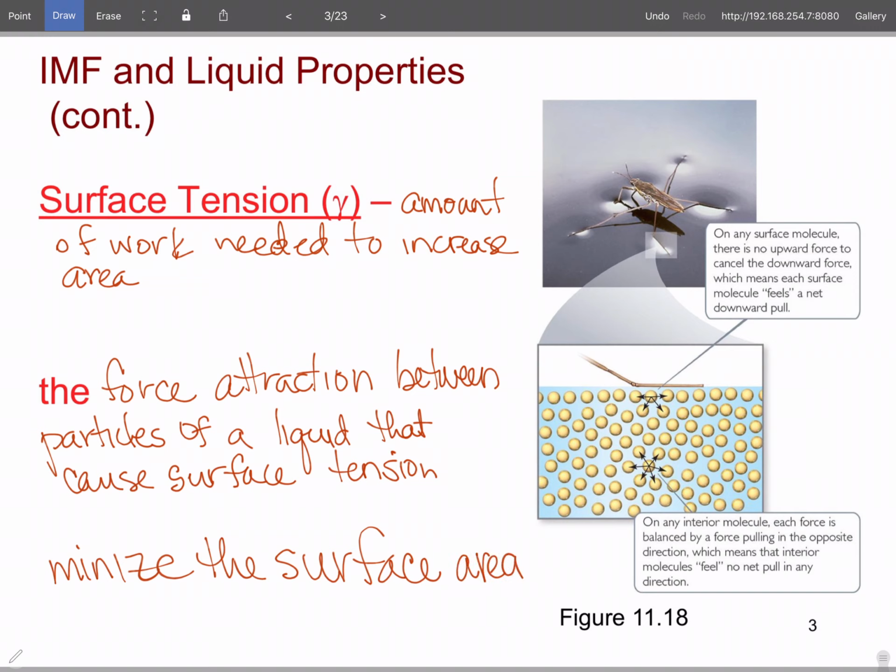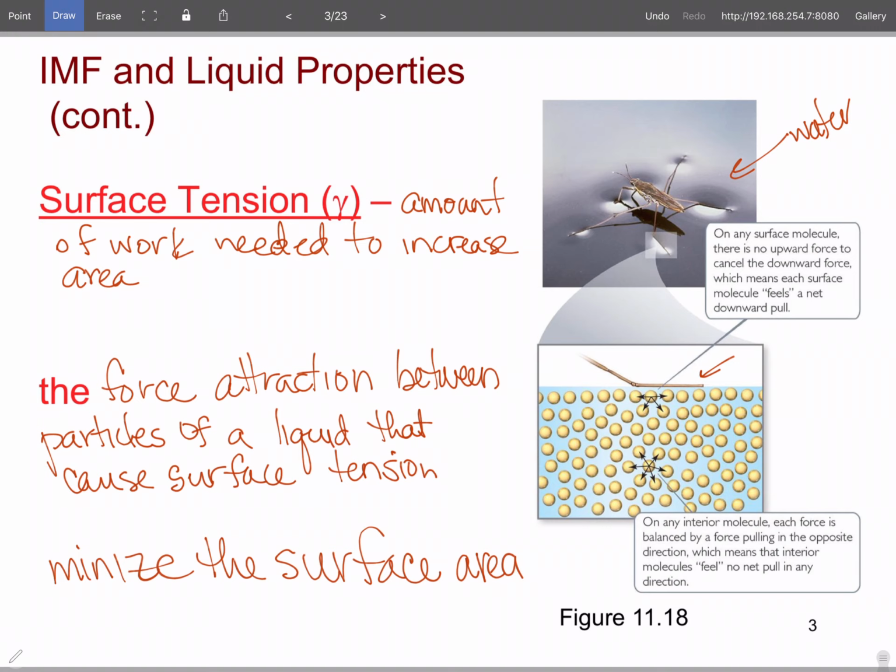So for example, I like this little water strider. And the water strider works by its leg. Its leg is really, really narrow and broad, so what it does is it distributes the weight. And as long as it doesn't break the surface tension of the water, then you don't have a problem, and it can walk along the water.